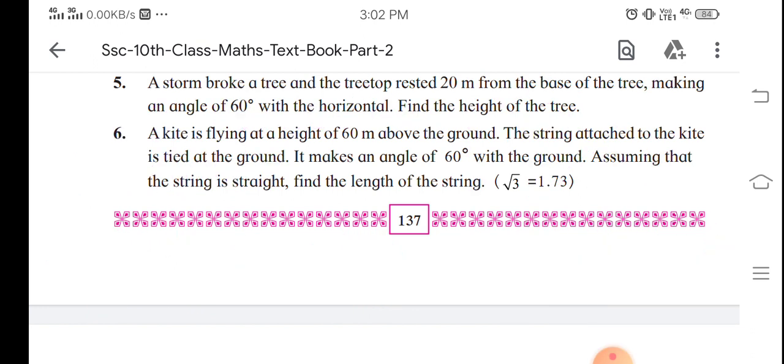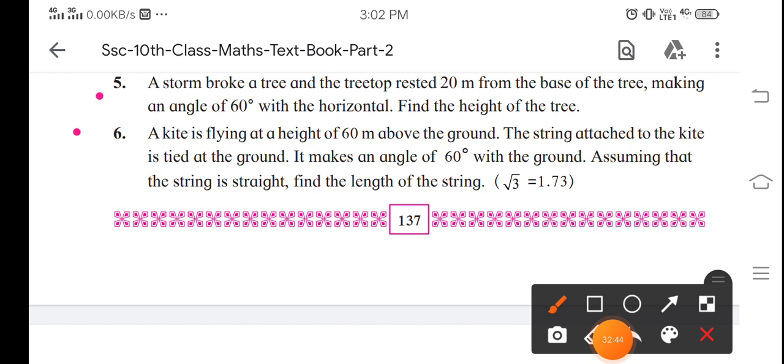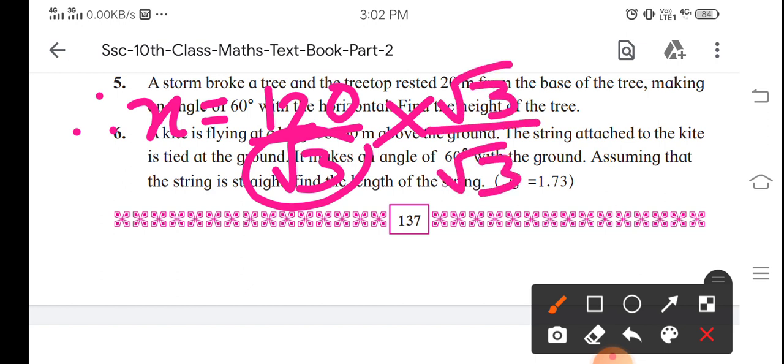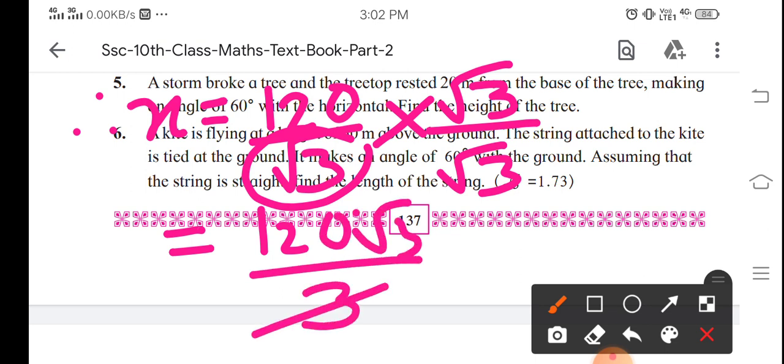So in the next part, just write therefore X is equal to, the √3 which was with X goes down to the 120. Now see again you are getting the √3, so just do rationalization over here. So √3 and √3: this will be 120 √3, and this √3 will become 3. Just cancel it out, you will get 40 over there, because 3 ones are 3, 3 fours are 12.